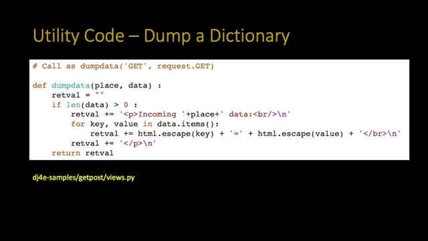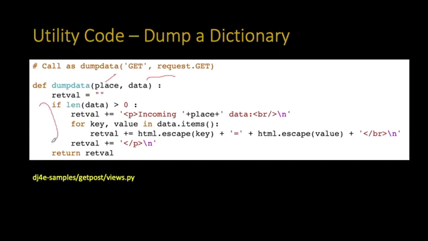This is a little bit of utility code that I'm going to use over and over again, because the get data and the post data and even the cookie data come in as dictionaries. They look like dictionaries, key value pairs. So I just wanted a way to dump the data. I want a label, probably should call that guy label, and then a dictionary.